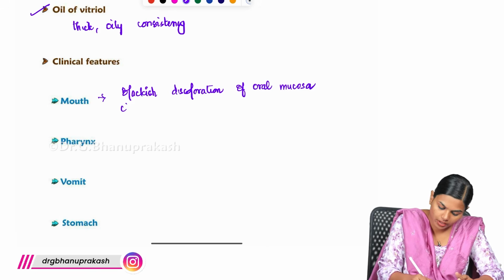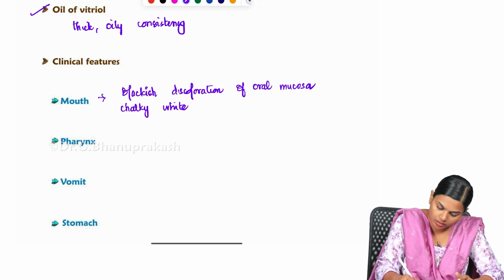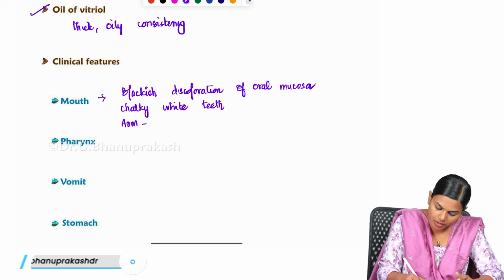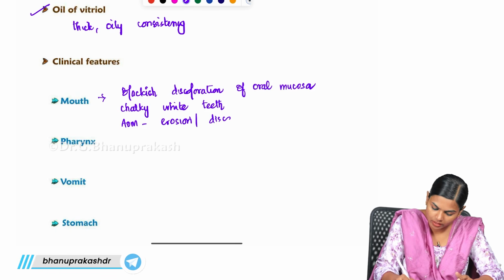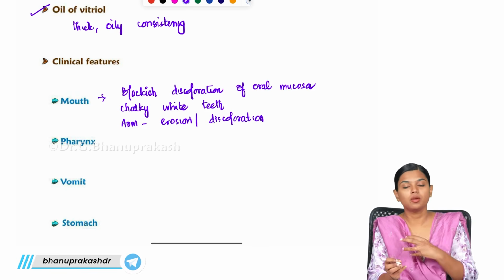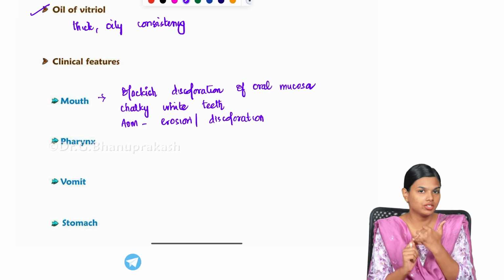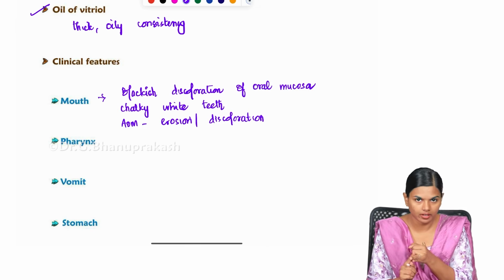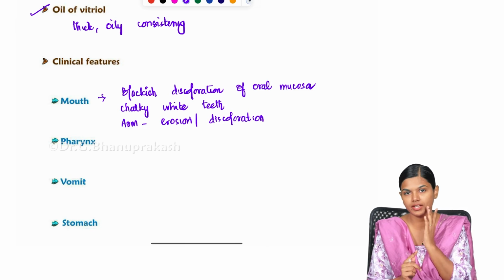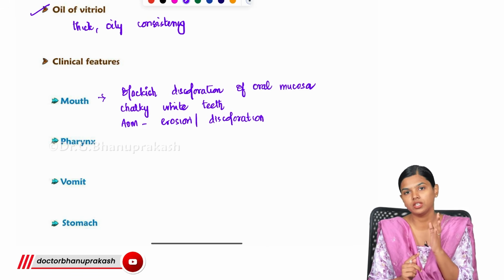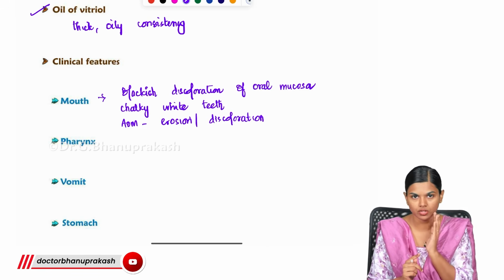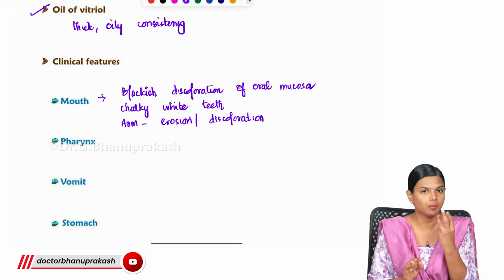You will also get chalky white teeth, and at the angle of the mouth you will be able to see some erosion and discoloration. So at the point of entry, the mouth, you see blackish discoloration and chalky white teeth, and along the angle of the mouth, if there is any trickling down, you will see discoloration and erosion over the skin.